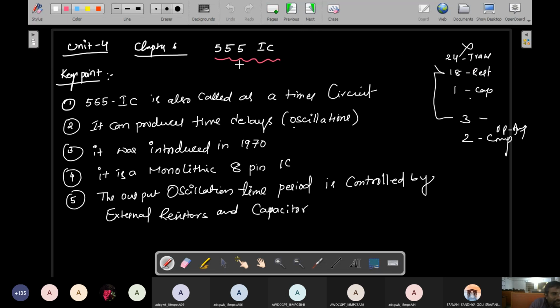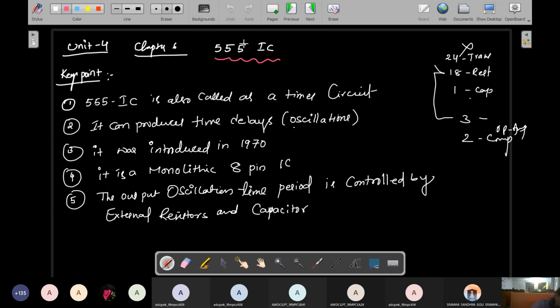Okay, so understand everybody why we call it a 555 IC. In the block diagram you can understand why it is called a 555 IC, because here we are using 3 equivalent 5 kilo ohm resistors. Those 5 kilo ohm resistors behave like a potential divider. That is the reason it is called 555 IC.